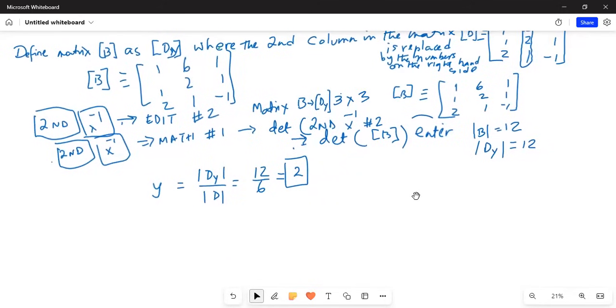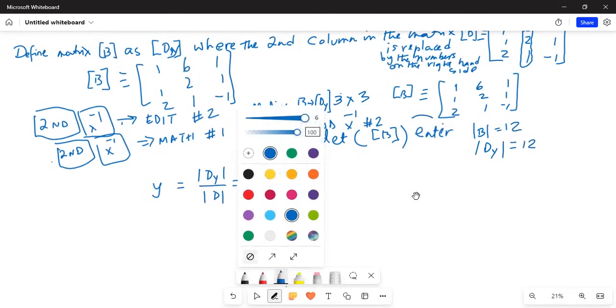Now we have to solve for z, and we'll use a different color of ink, maybe this color.